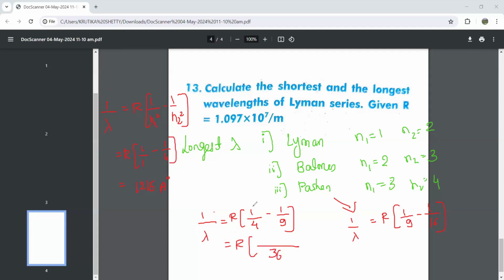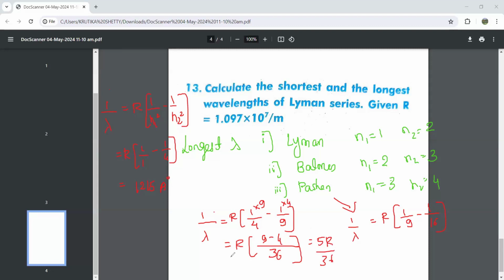This is 36. So here it is 9 and here it is 4. So 9 minus 4 is how much? 5. 5 by 36, that is 5R divided by 36.